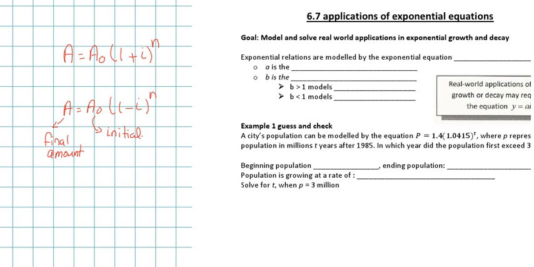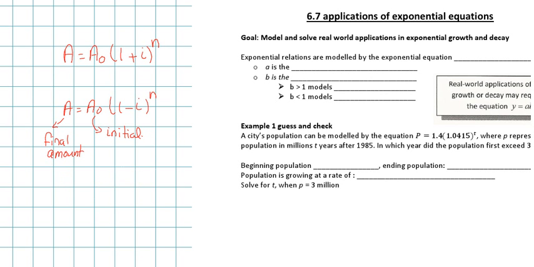If I'm losing money, so let's say when you buy a car, you spent $20,000 on the car. After a year, you're going to lose a certain percent. After a second year, you're going to lose another percent. So this is when we use the minus because we're losing, and we call that the decay. This is called the growth.